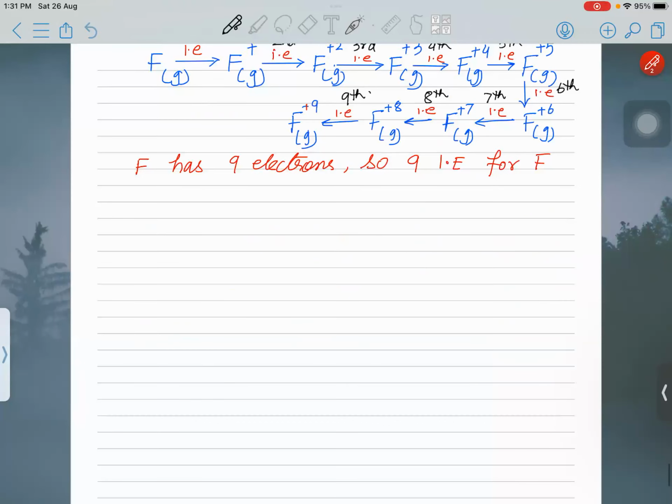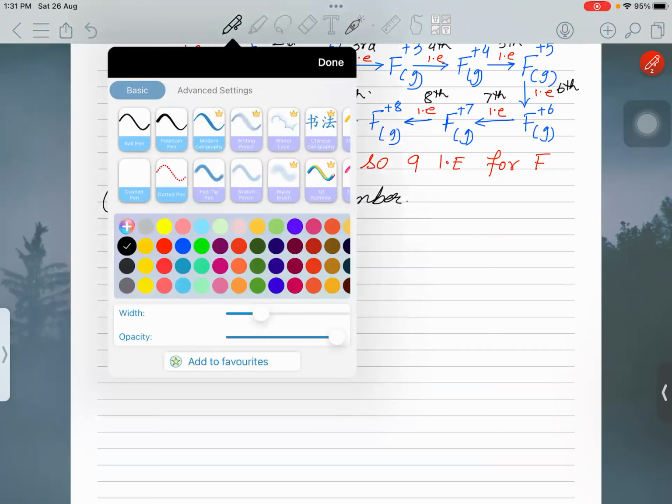Now, write another question. Identify the group number.